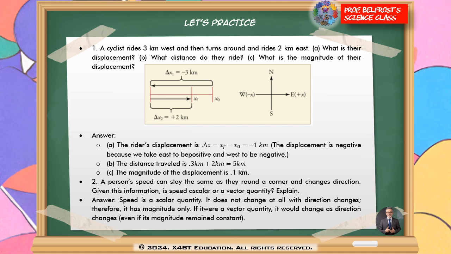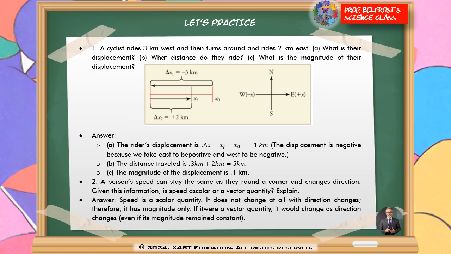For the first question, the rider's displacement is just the difference between the final and the initial position, so we take the change. It is minus 1 kilometer, which means that you are traveling 1 kilometer to the west.